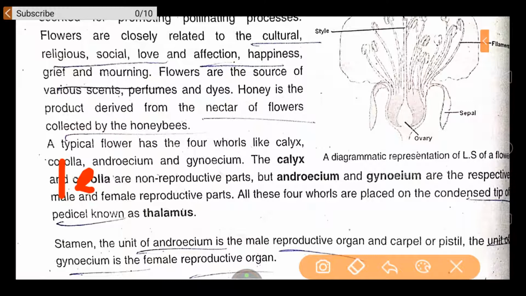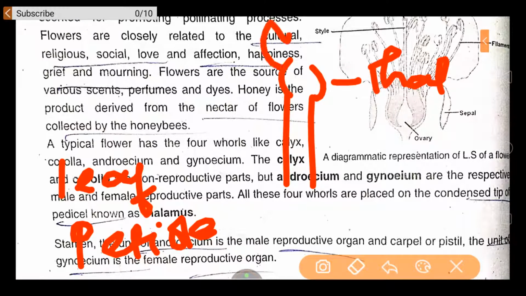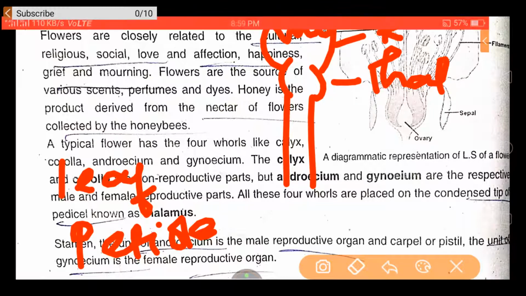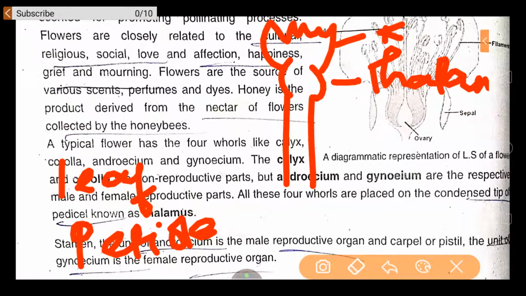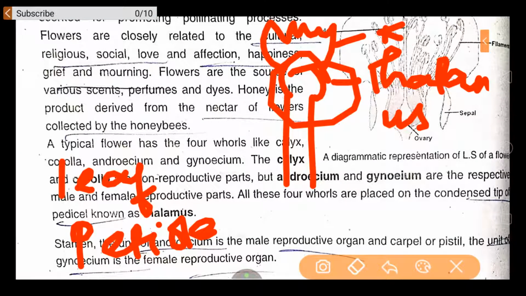And this swollen part is called thalamus, to which calyx is attached.